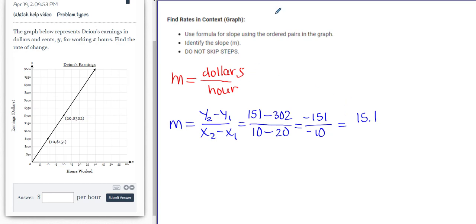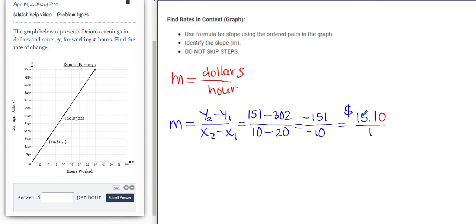All right, but let's put it in context. That's 15.1. Remember how we can make this a fraction by putting it over 1? Well, what did we say our y values are? If we look on the y-axis, this is going to be dollars. So I'm going to put 15.1, and I'm just going to add a 0 because that looks like money when we have our tenths and hundredths spot.